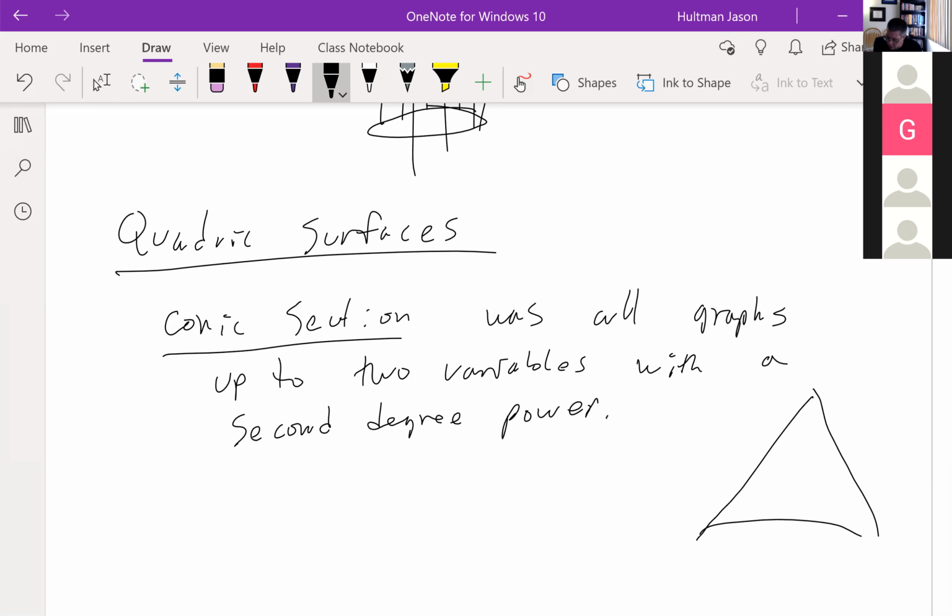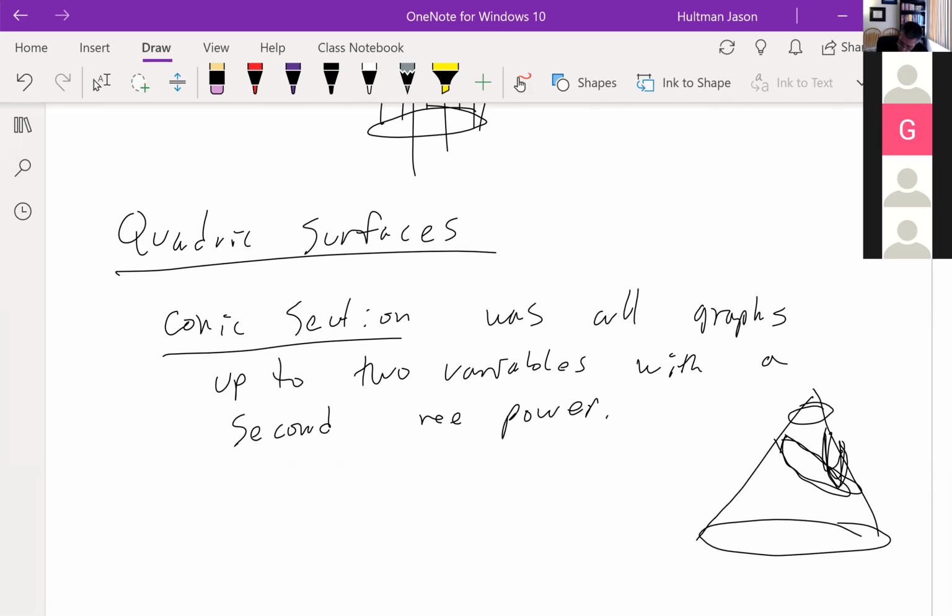We took a cone and we just sliced the cone. If we slice it like this, we get a parabola. If we slice it like this, we get an ellipse. If we slice it like this, we get a circle. Those are why they're called conic sections, because you just slice up a cone.